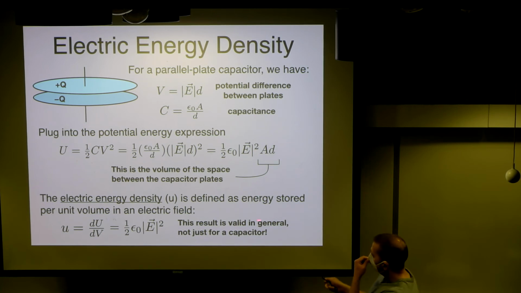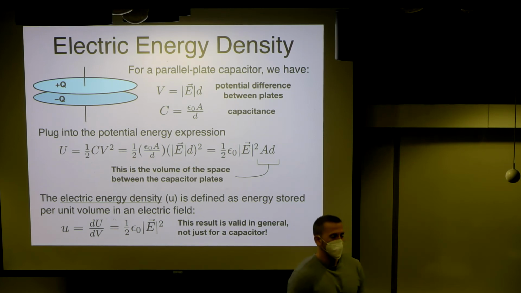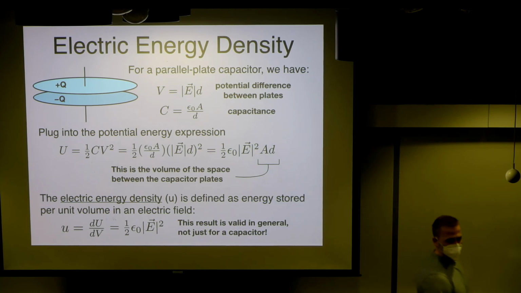So whenever you have an electric field, there's an energy density, and we can calculate it using this formula. Okay? So any questions on how we got here? Hopefully it's pretty straightforward. Okay, so if there are no questions, we'll keep it moving.